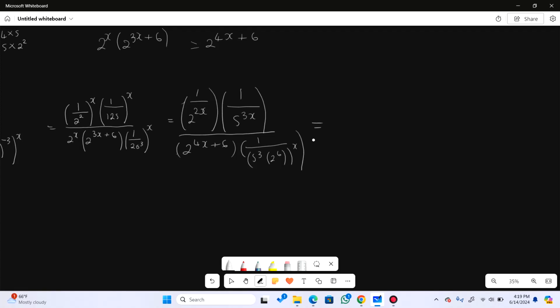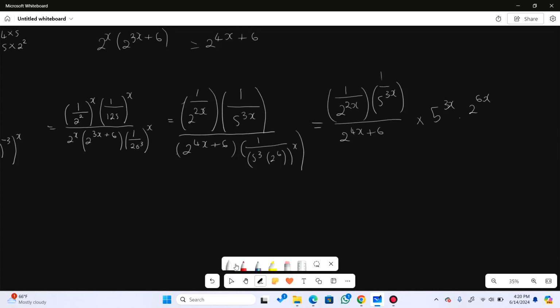I'm gonna take this one to the top, so I will have 1 over 2x times 3x all divided by 4x plus 6, and then times this is 1 times 3x times 6x, right?